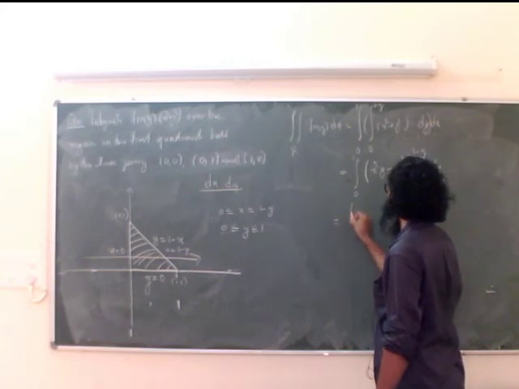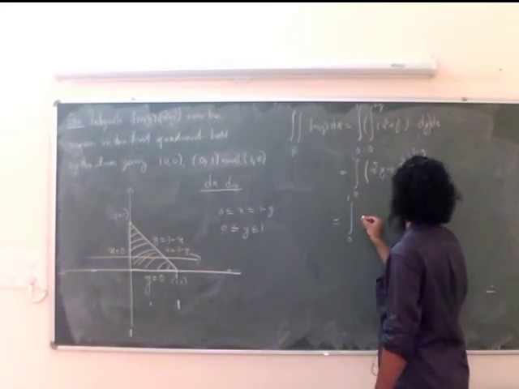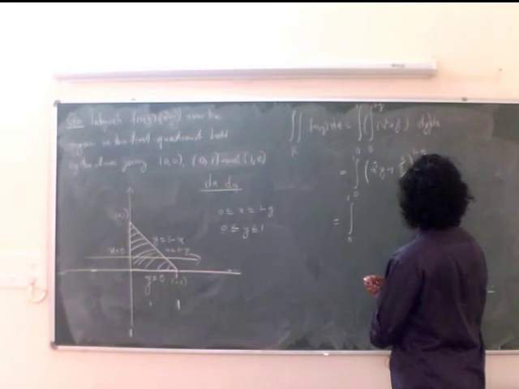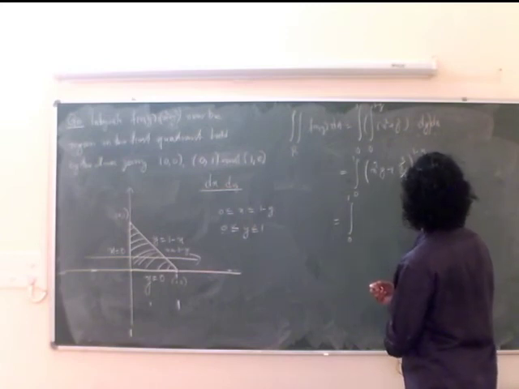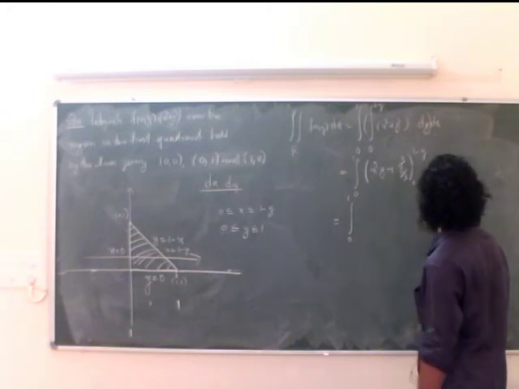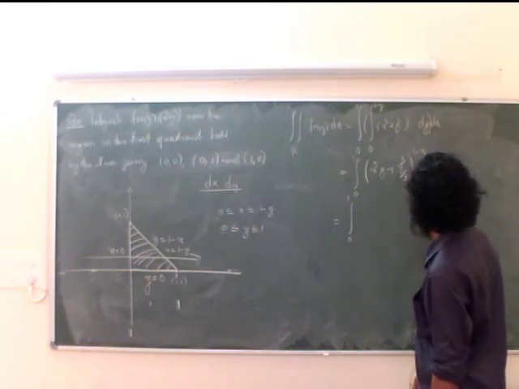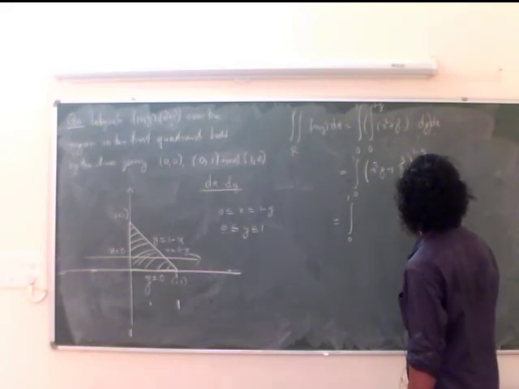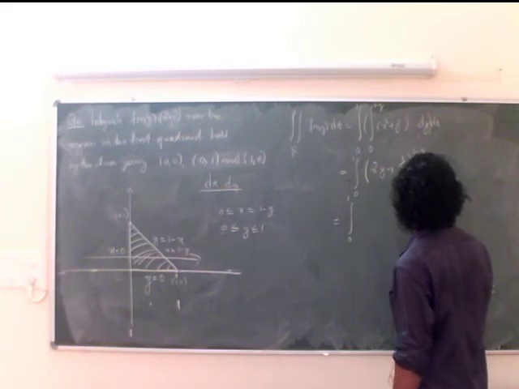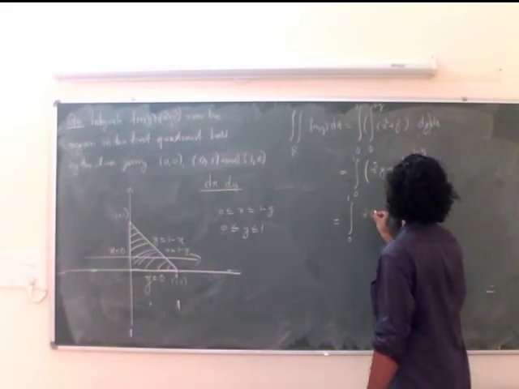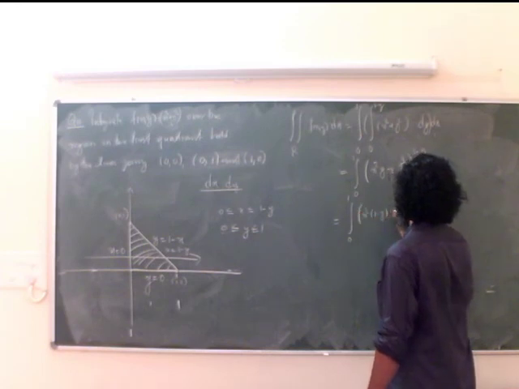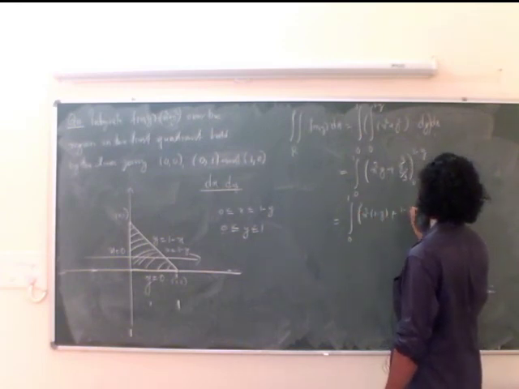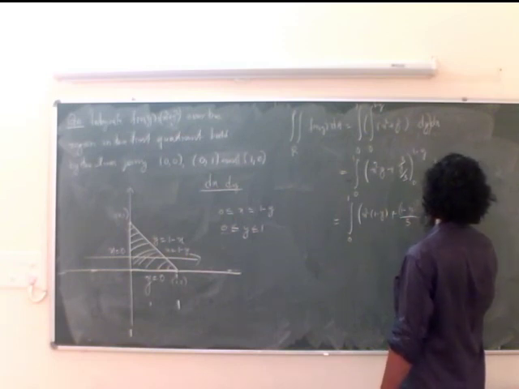This is equal to the integral from 0 to 1 of x square into 1 minus y plus 1 minus y the whole cube over 3, dx.